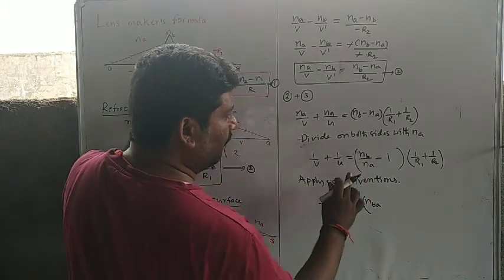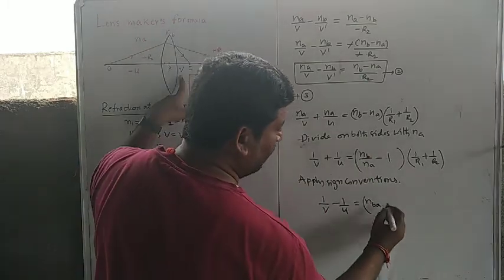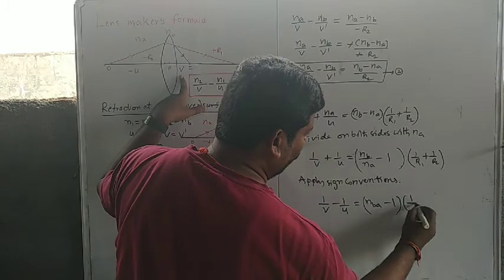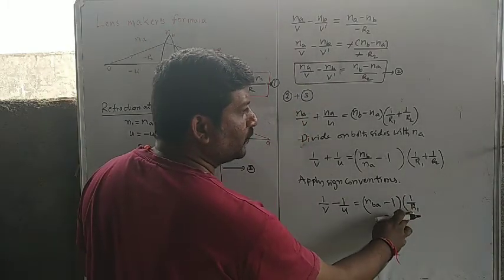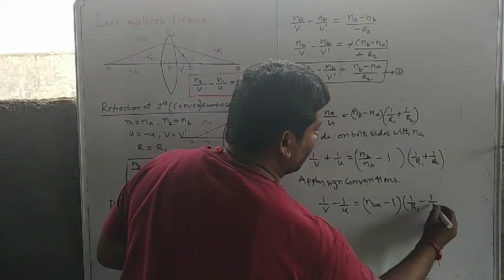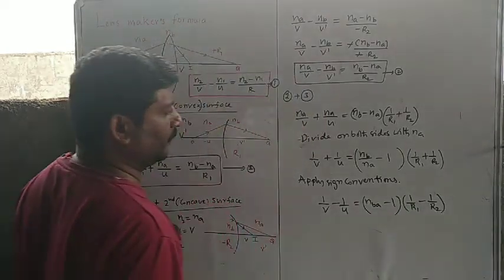NB by NA can be written as NBA minus 1 into 1 by R1. For convex surface, radius of curvature should be taken as positive. For concave surface, the radius of curvature should be taken as negative.